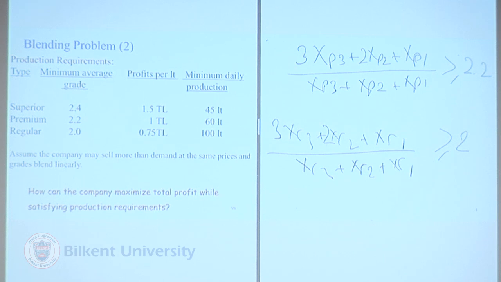Okay? Clear? We label superior for averaging more than 2.4, but when we don't decide the lower bound for the inequalities, the values cannot be affected.